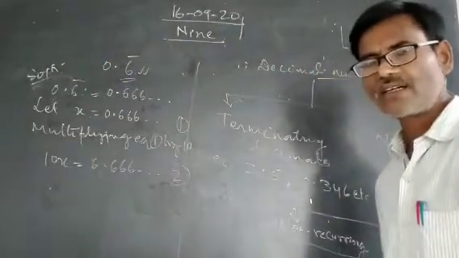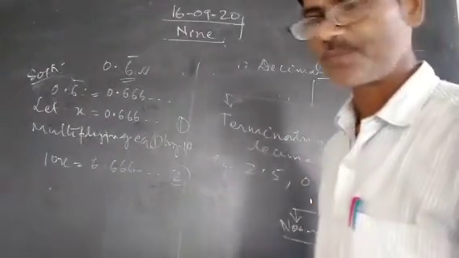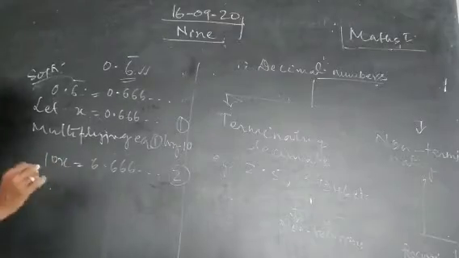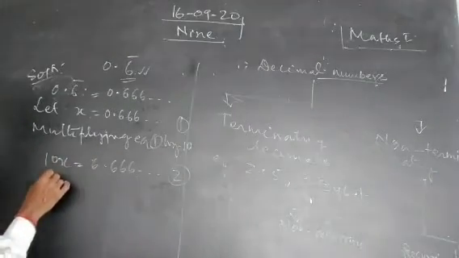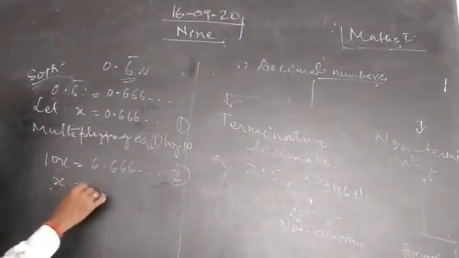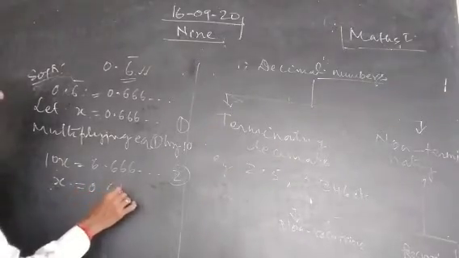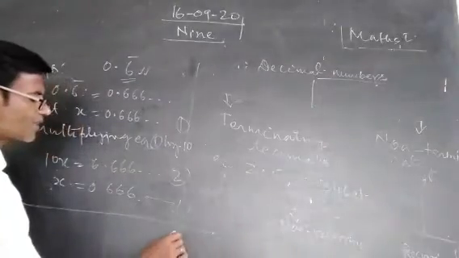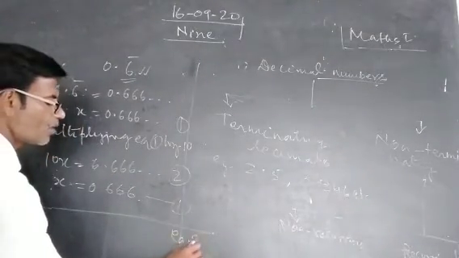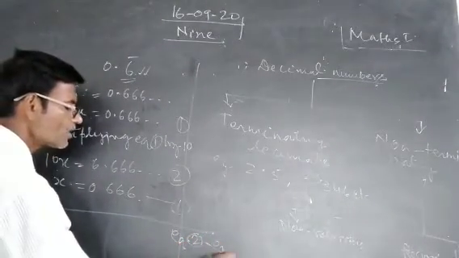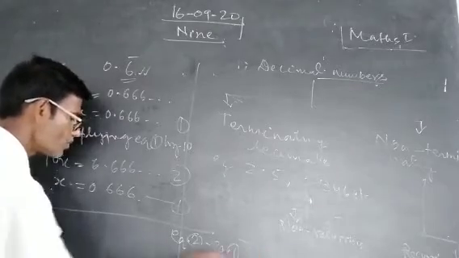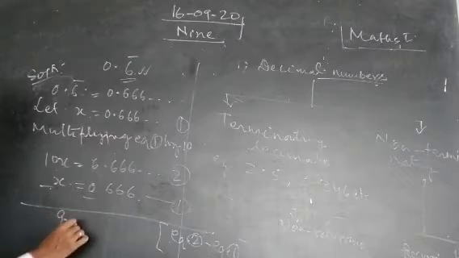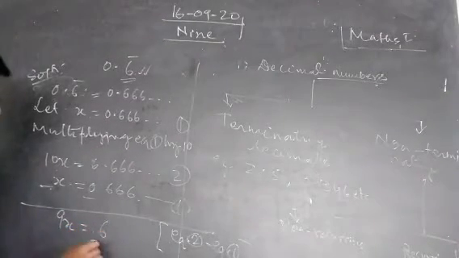Next, we subtract equation 1 from equation 2. On subtracting equation 1 from 2, we get 10x minus x is equal to 6.666 minus 0.666. Thus we get 9x is equal to 6.